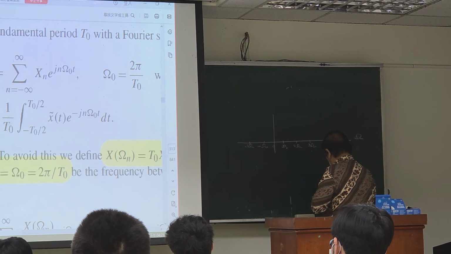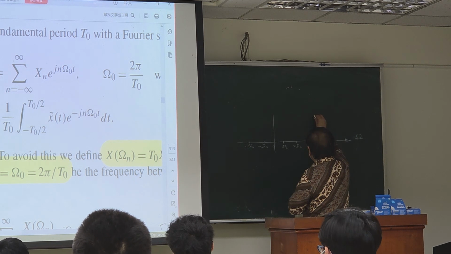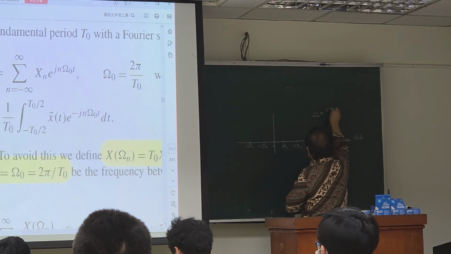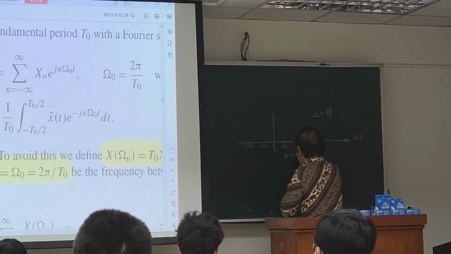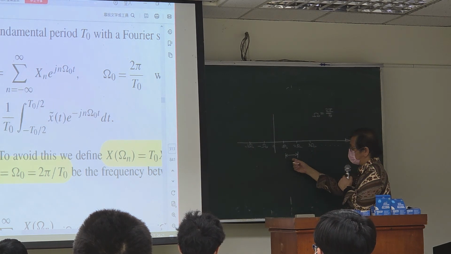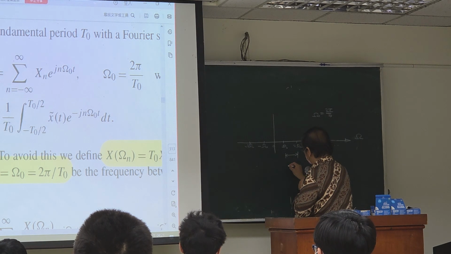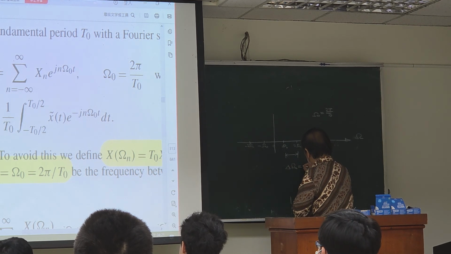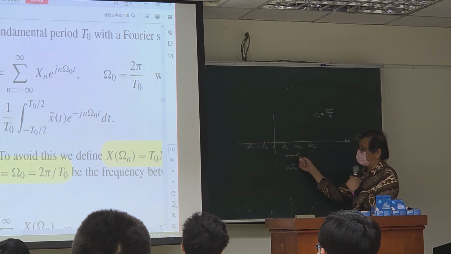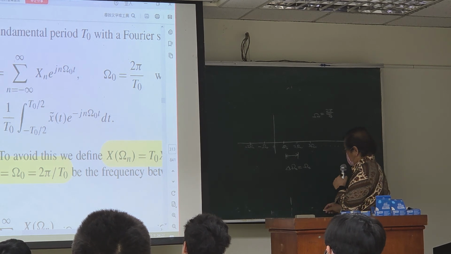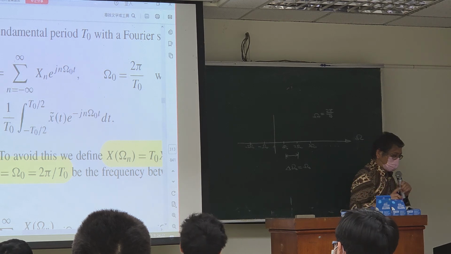And you can see that this omega 0 is 2 pi over t sub 0. And the distance between two discrete frequencies, let me call it delta omega, is actually omega 0. Okay? So we'll keep that in mind first.